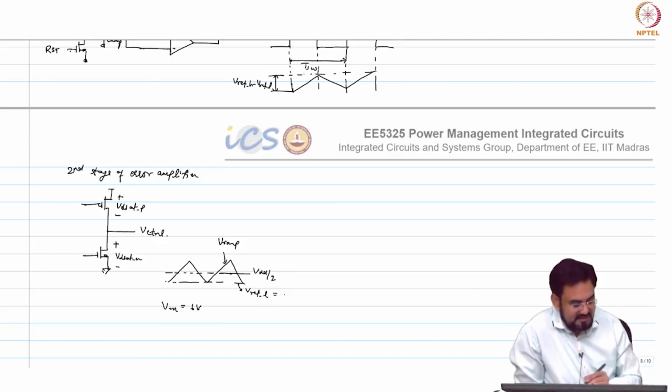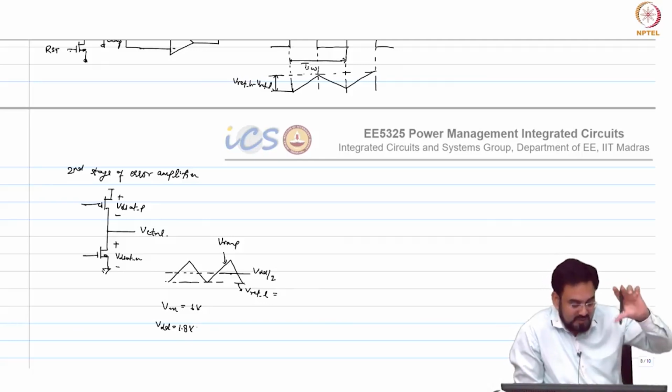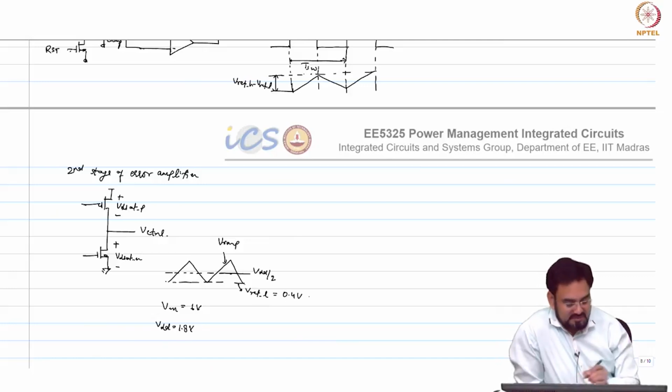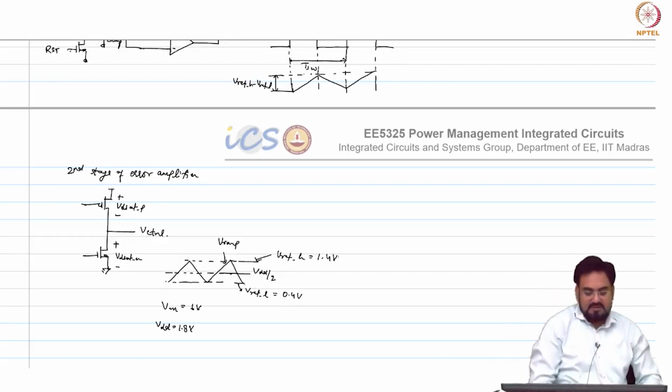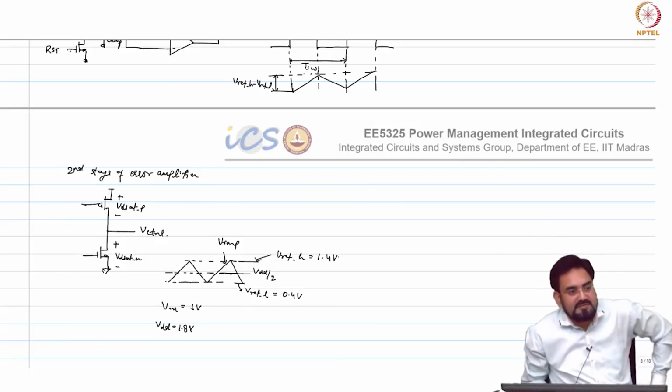So if my VDD is, let's say, 1.8 volt and I want 1 volt VM, so this should be 0.4 volt, and this should be Vref H equal to 1.4 volt. So minimum you get 400 millivolt for NFET and 400 millivolt for PFET.